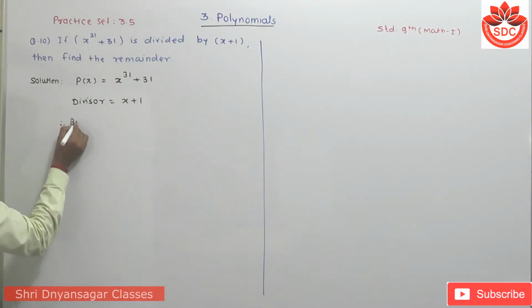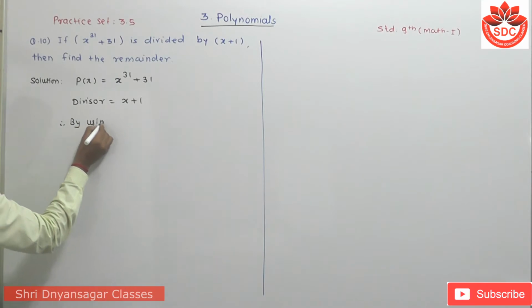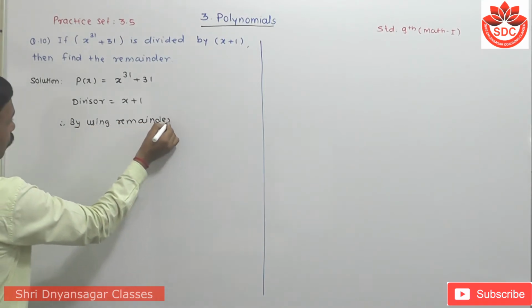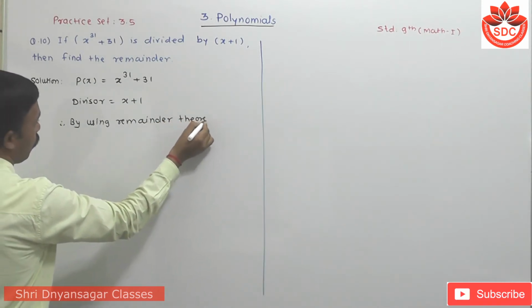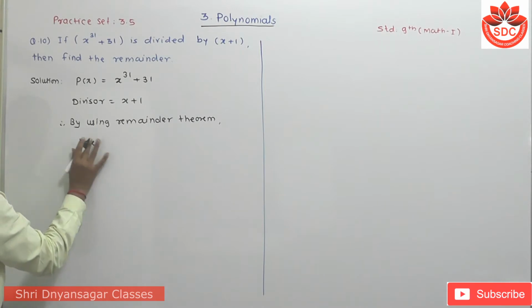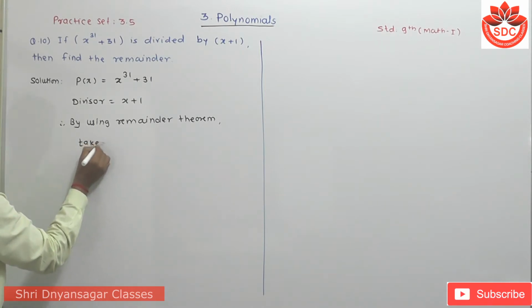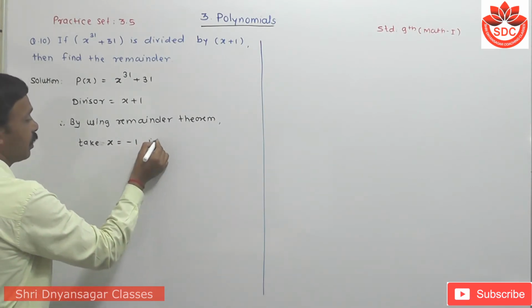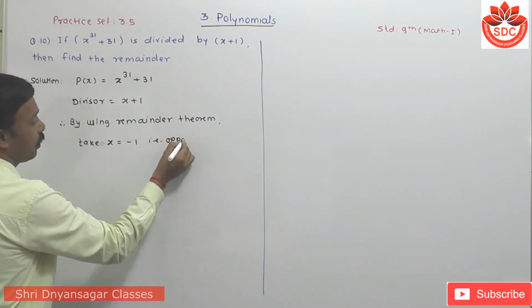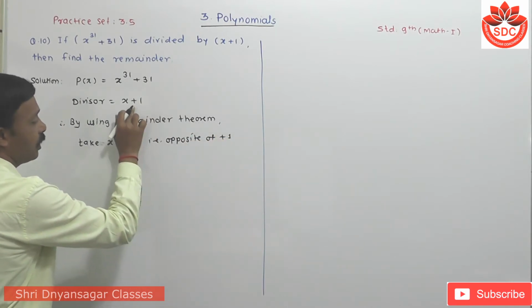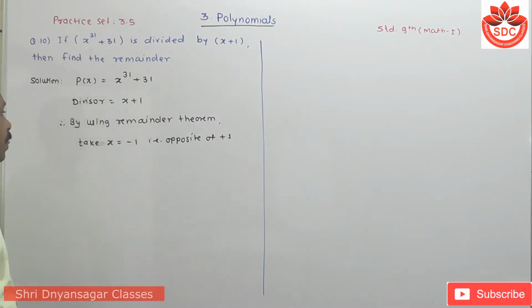Therefore, by using the remainder theorem, take x equals minus 1, that is the opposite of plus 1, because it is plus 1, so take here minus 1.